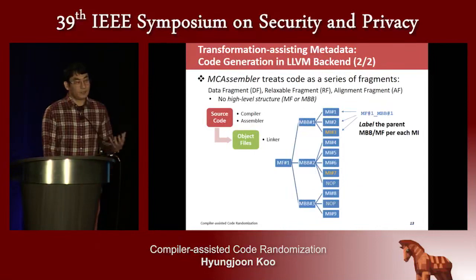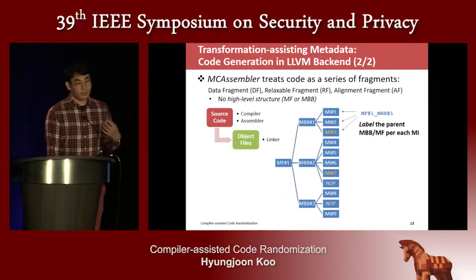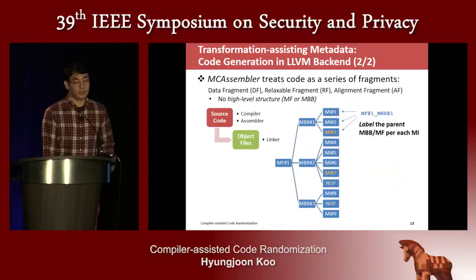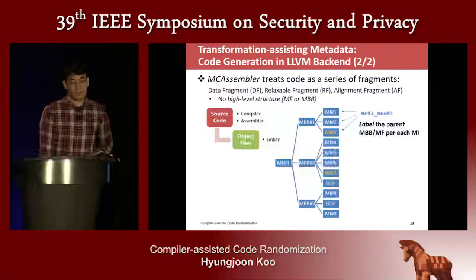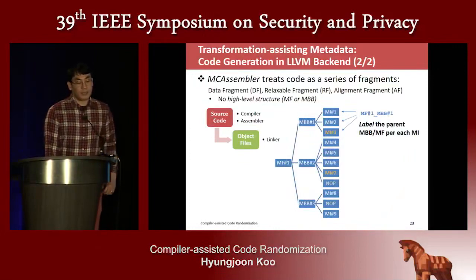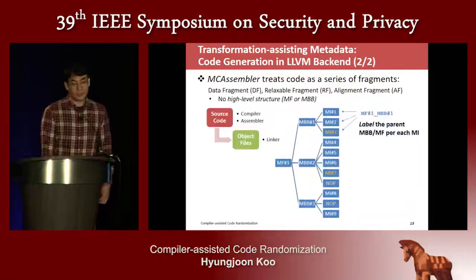Once this structure is complete, the machine code assembler treats the code as a series of fragments that are data, relaxable, and alignment fragments. At this point, the assembler does not have any high-level structure like a machine function or a machine basic block. So we label the parent machine basic block and machine function per each machine instruction.